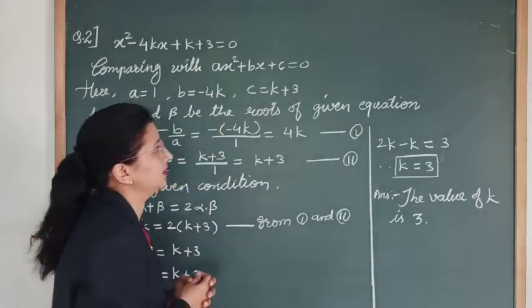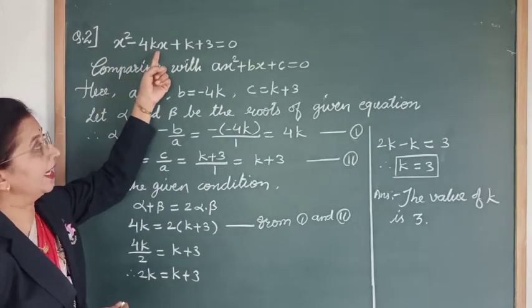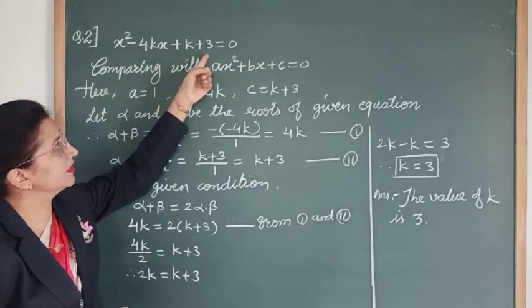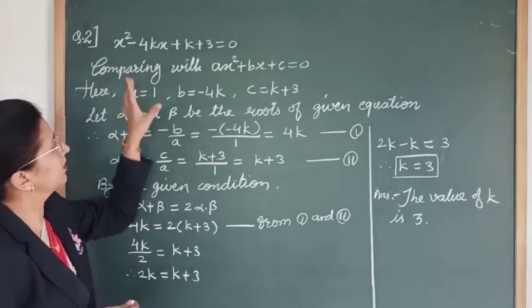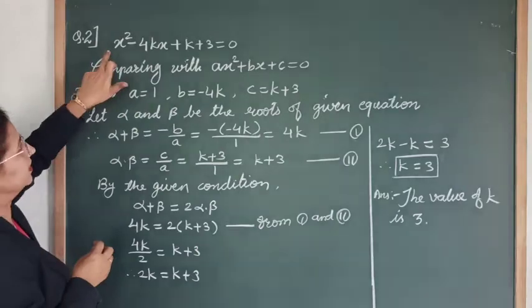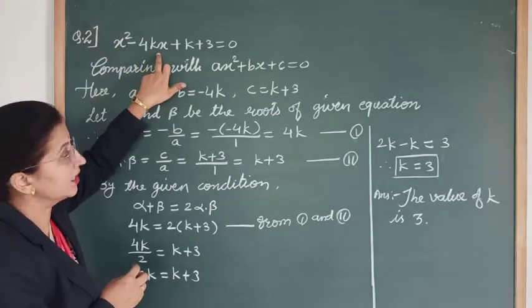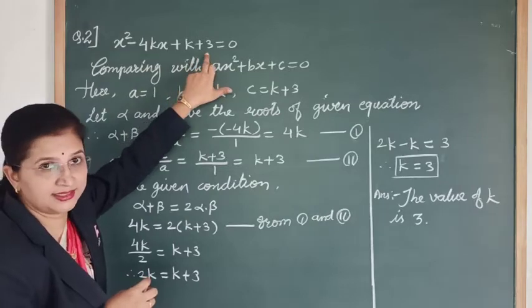So here let's write down the given equation, that is x square minus 4kx plus k plus 3 is equal to 0. Now this is the equation in standard form, in which this is ax square, this is bx, and the remaining is c.